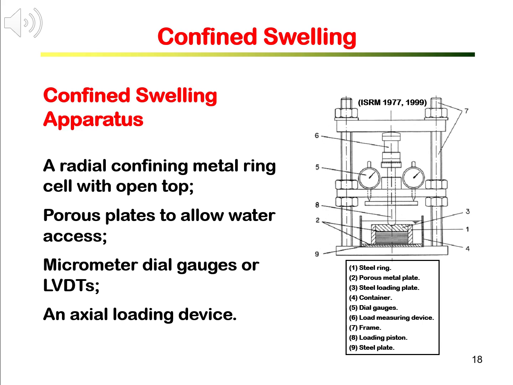Micrometer dial gauges or LVDTs are used to measure axial swelling displacement while the specimen is loaded by an axial loading device. The apparatus also includes a container to hold water and the specimen. The confined swelling test apparatus is illustrated on the right.